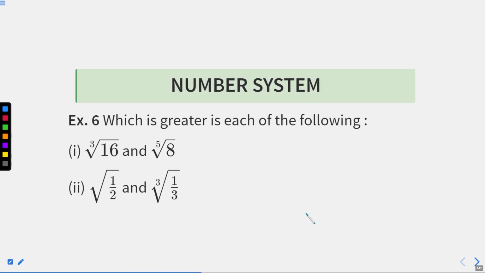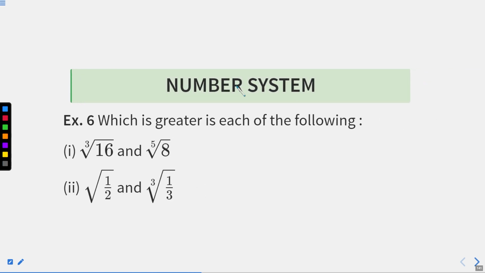Let's move. Now we'll see which is greater. So here we won't be comparing easily because the orders are not equal. So what will we do to make the order equal? Quite easy, taking LCM of 3 and 5. LCM of 3 and 5 is 15.